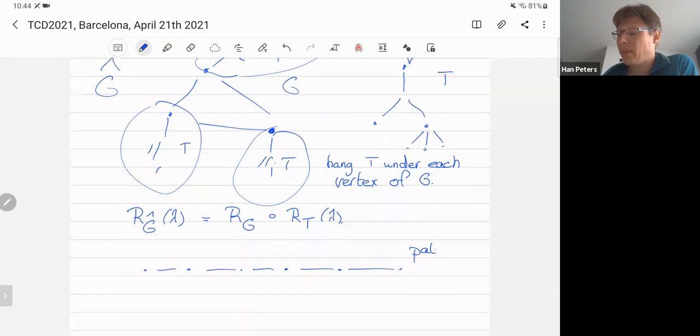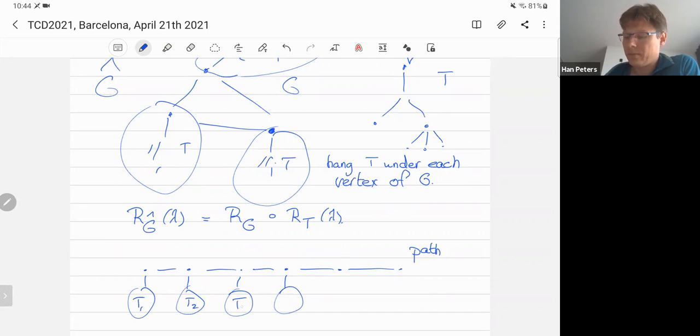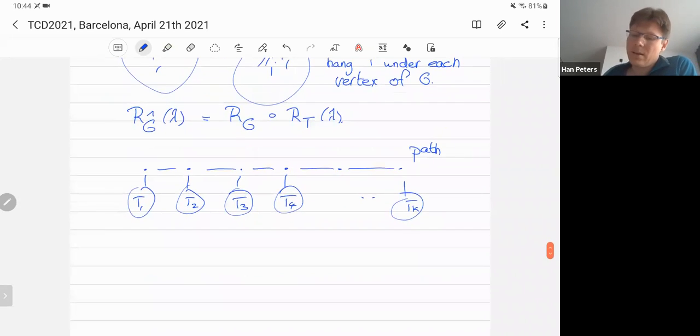So here we have a path, and under that we hang some trees, up to T_K, and here is still our marked vertex of the bigger graph G, which also happens to be a tree.